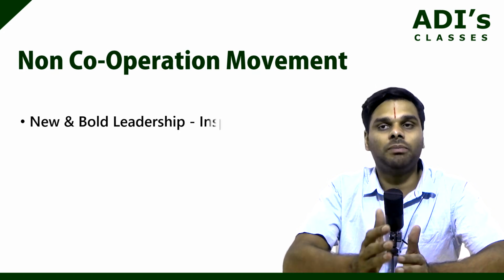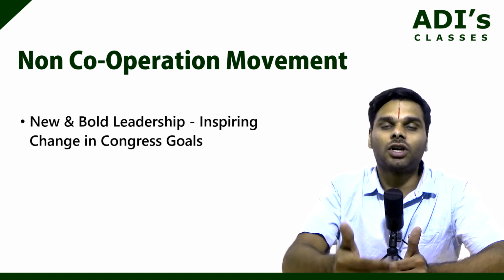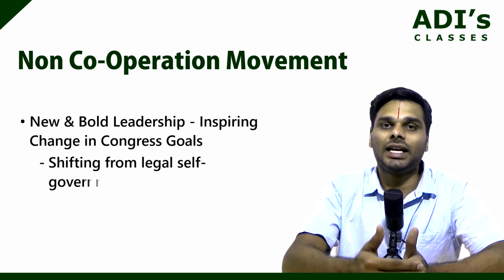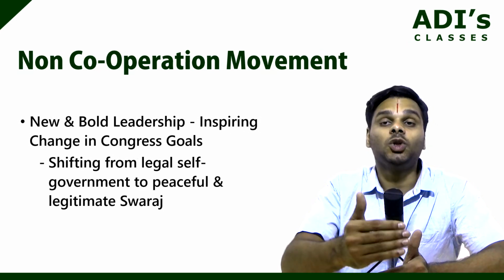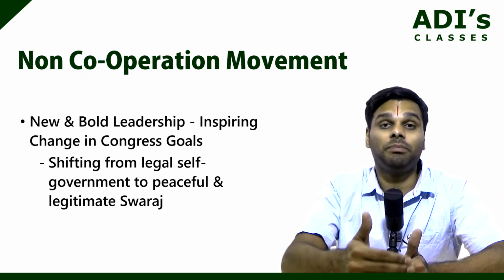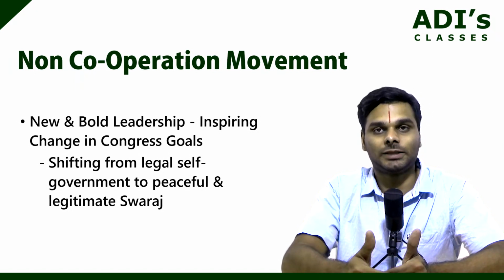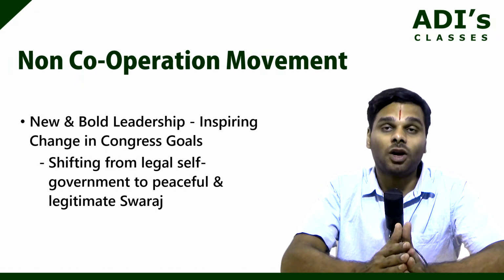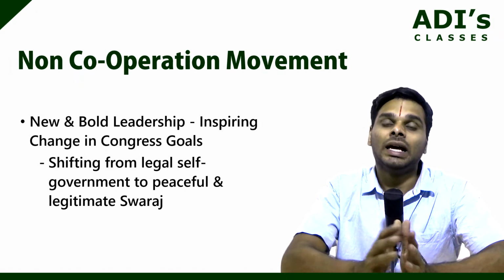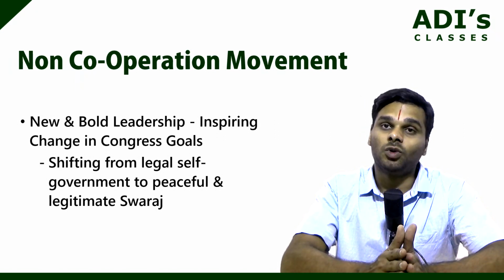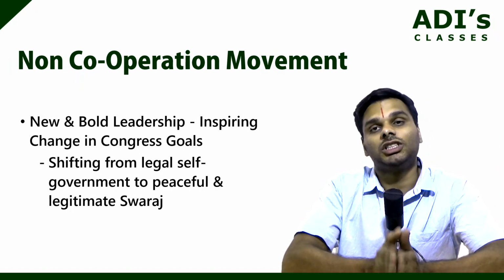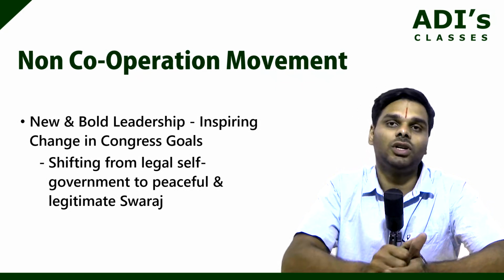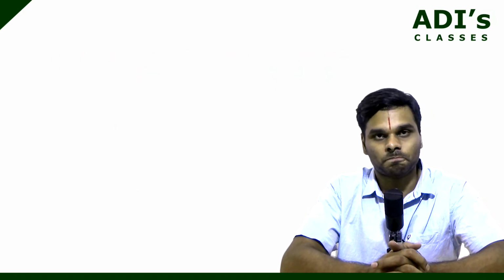Emboldened by the new and bold leadership, the goal of the Congress was changed from the attainment of self-government by constitutional and legal means to the attainment of Swaraj by peaceful and legitimate means. This was a groundbreaking moment, right? It was not just self-government through legal and constitutional means. Now, the goal was Swaraj by peaceful and legitimate means.